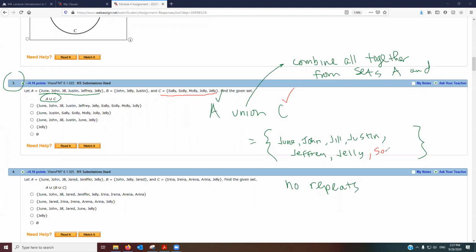There's Sally, Solly, Molly, Jolly, and Jelly. But now I'm seeing Jelly is already there, so I'm not going to repeat it. So this is the union that I just listed out. Okay, when I compare the answer choices, it looks like the only answer choice that matches is this first answer right here.